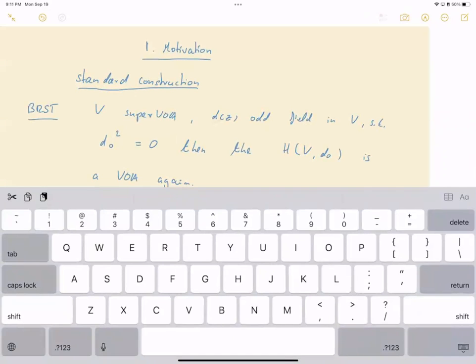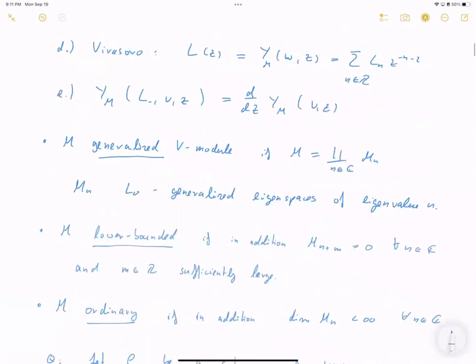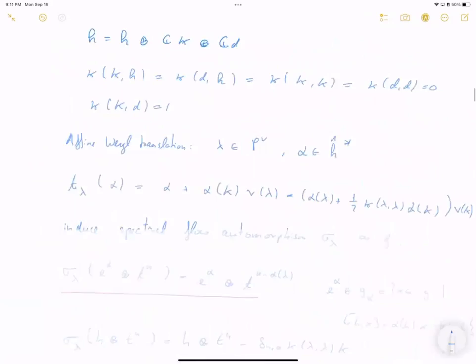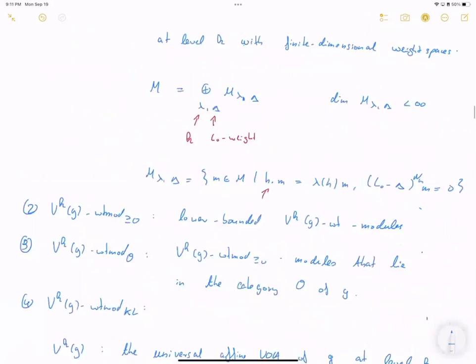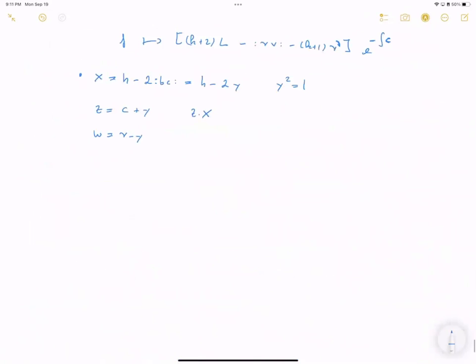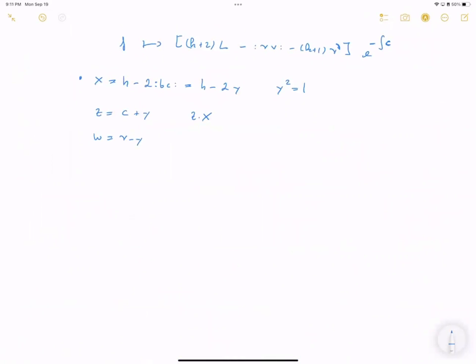Oops. Well, let me just go on. What did I do here? Yeah, W is not quite right. I have to change this, but let me just go on. So now I take the commutant. I'm sorry for that.